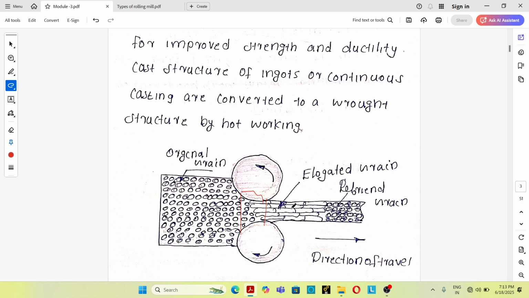After the stress zone, the grains start to elongate in the direction of rolling, and after that the grains are refined and a new grain structure is formed. This is the original grain structure, this is the elongated grain structure, and this is the refined grain structure. Hot working always improves the strength of the rolled product.